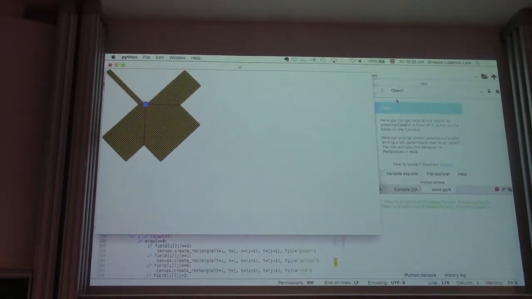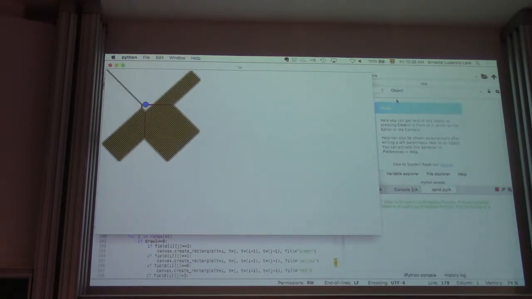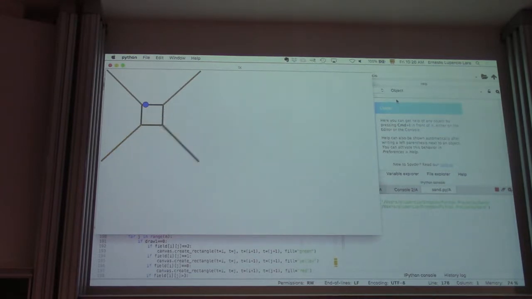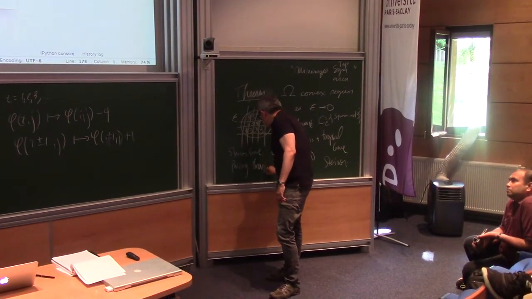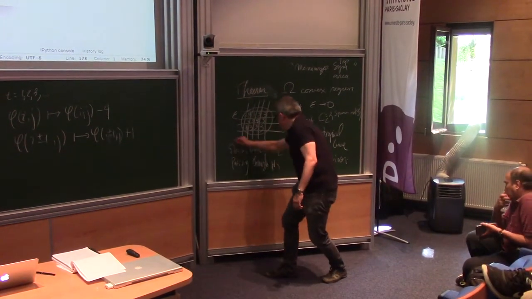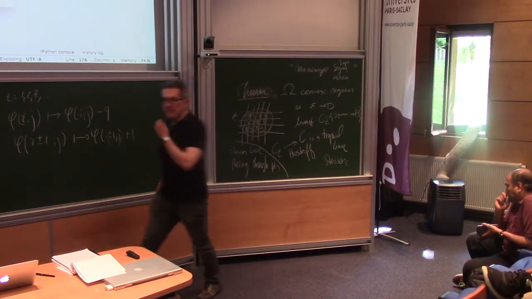You see the avalanche occurring, and as the avalanche stabilizes, you get a tropical curve which contains the original points. So it solves the problem of finding this Steiner curve passing through the points.